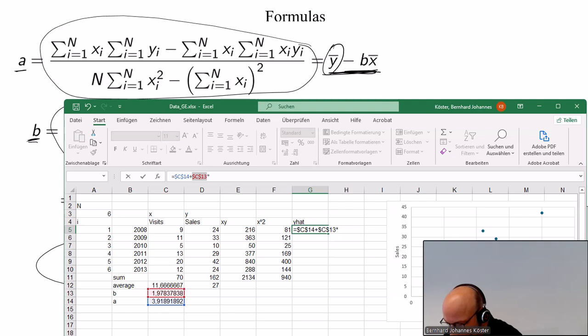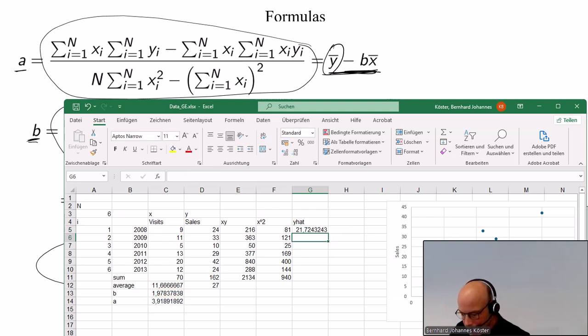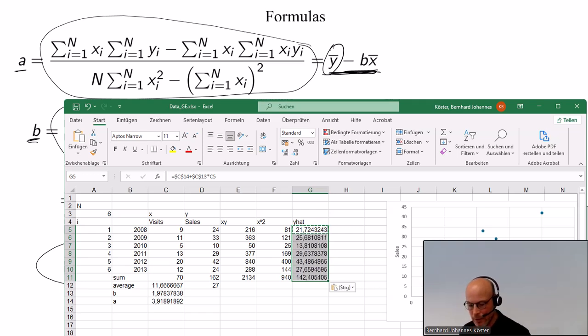Something wrong here? Now it functions. So we had an actual value of 24, but our model would predict 21.7. And now we can copy this downward.